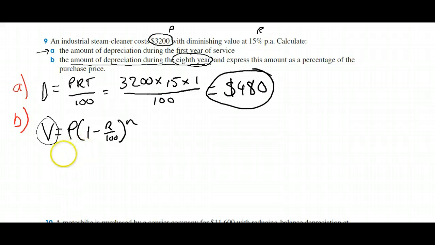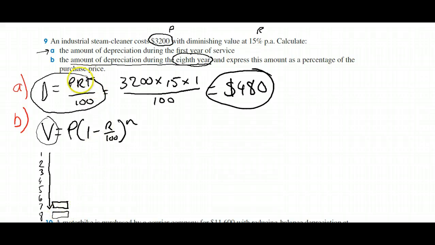What we would need to do is to work out how much depreciation occurs in the first 7 years. So if here's our 8 years here, if we use this equation to work out how much depreciation occurs in the first 7 years, and then we'll have the principal, the value at the end of the 7 years, and then we can just do that last 8th year using this equation here, and we'll just get the depreciation for that year.